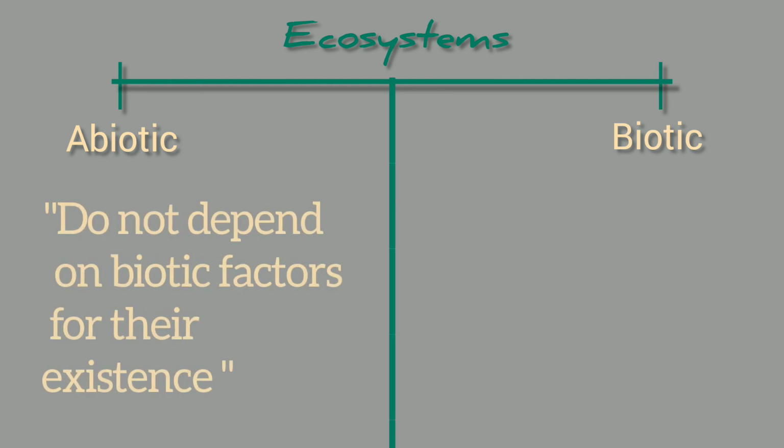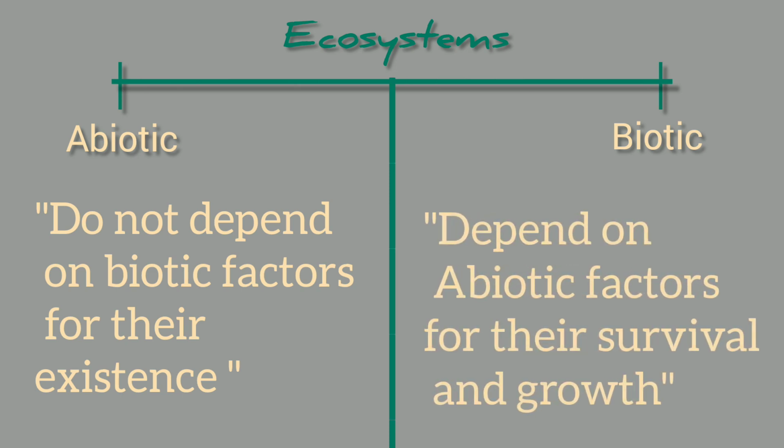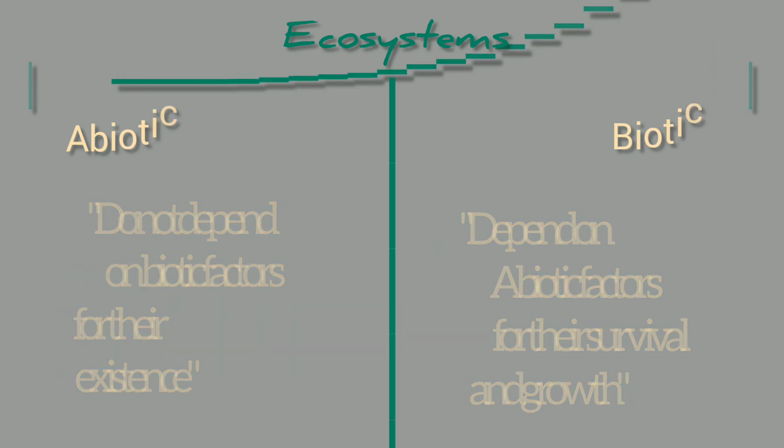Abiotic components do not depend on biotic factors for their existence. With or without the biotic components, there will still be abiotic components in the ecosystem, while biotic components depend on abiotic factors for their survival and growth. Meaning, biotic components cannot live without the abiotic components.